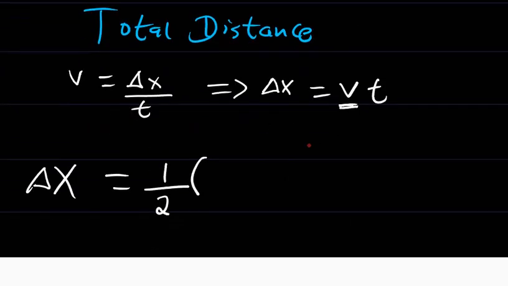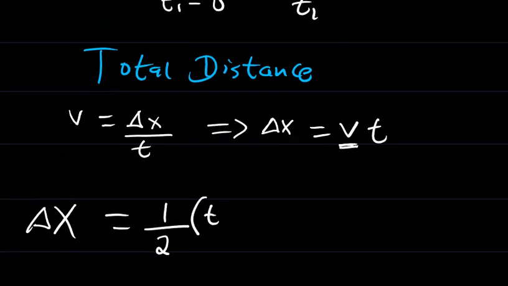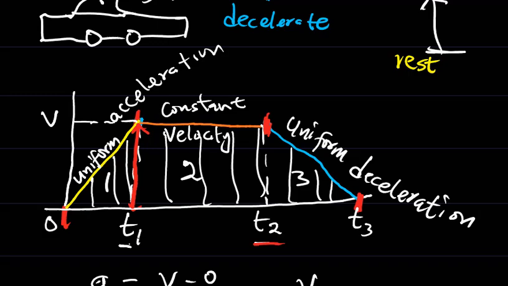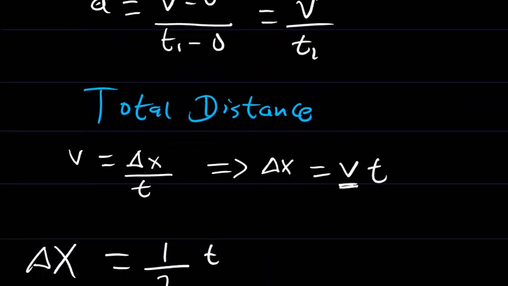Let's do that. Half the sum of the parallel sides, that is half. The first parallel side is the distance from t1 to t2, so let me put that in the formula: t2 minus t1.